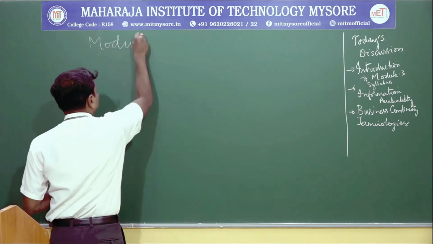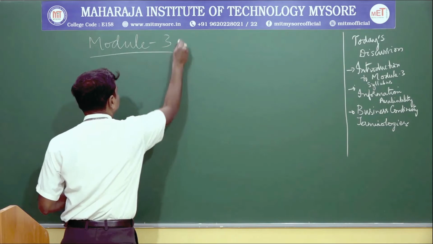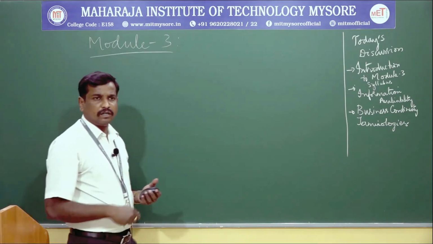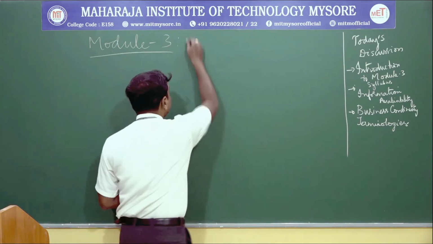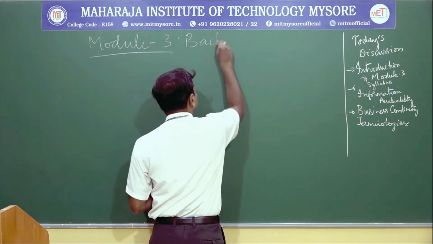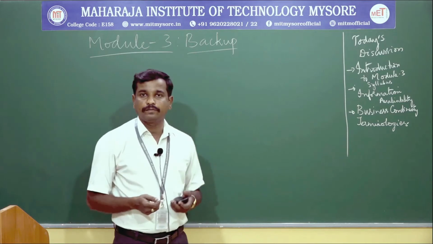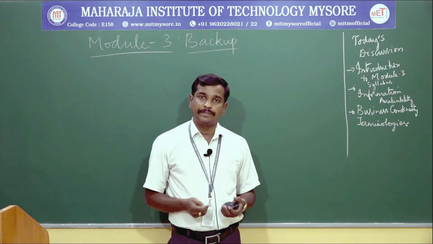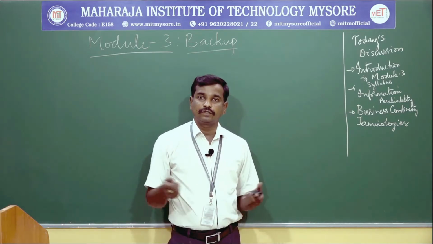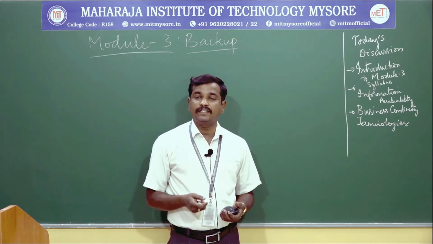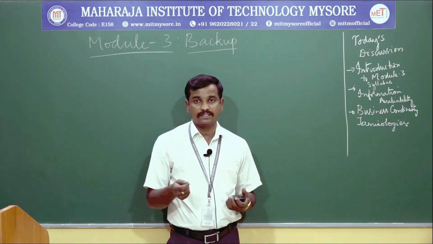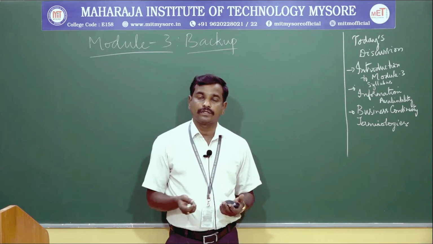This Module 3 talks about how we do backups. What do we mean by backups? Assume that we have data stored in one disk, and the data we are accessing is lost.